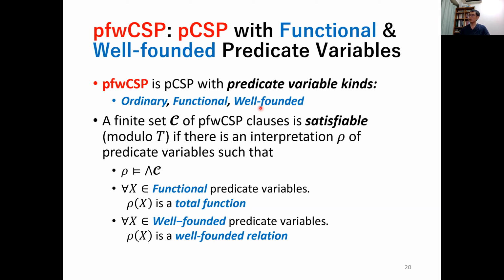We say that a set C of pfwCSP clauses is satisfiable if there is an interpretation that makes each of the clauses logically valid as before. In addition, we require that for each functional predicate variable, its interpretation is a total function, and for each well-founded predicate variable, its interpretation is a well-founded relation.